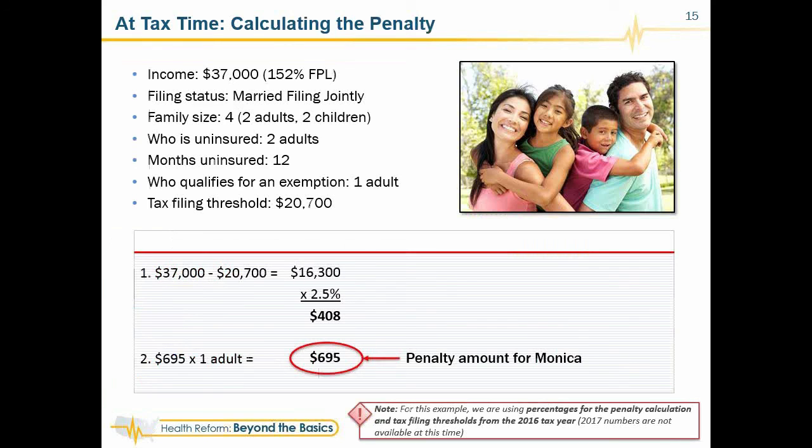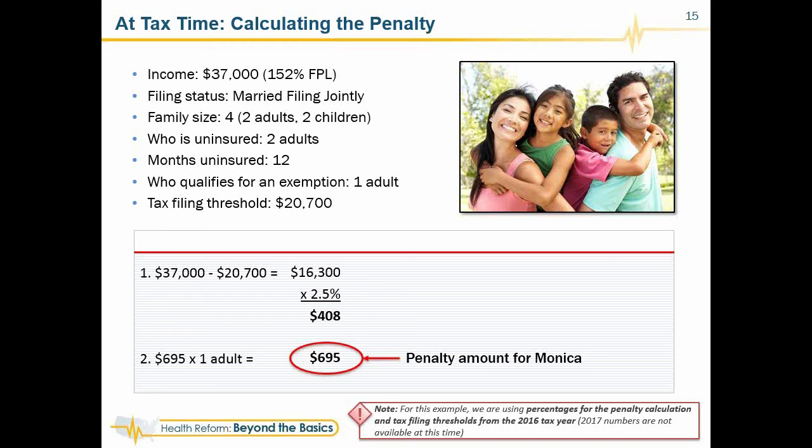So Monica is going to owe a shared responsibility payment, and there are two different methods for calculating it. The amount she needs to pay is going to be the greater of those two amounts. The first amount is 2.5% of income above the filing threshold. The filing threshold for a married filing jointly couple was $20,700.